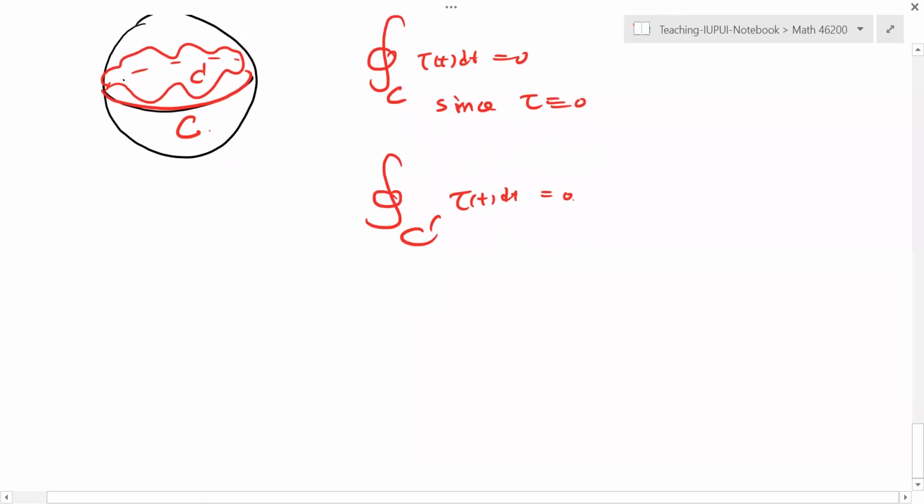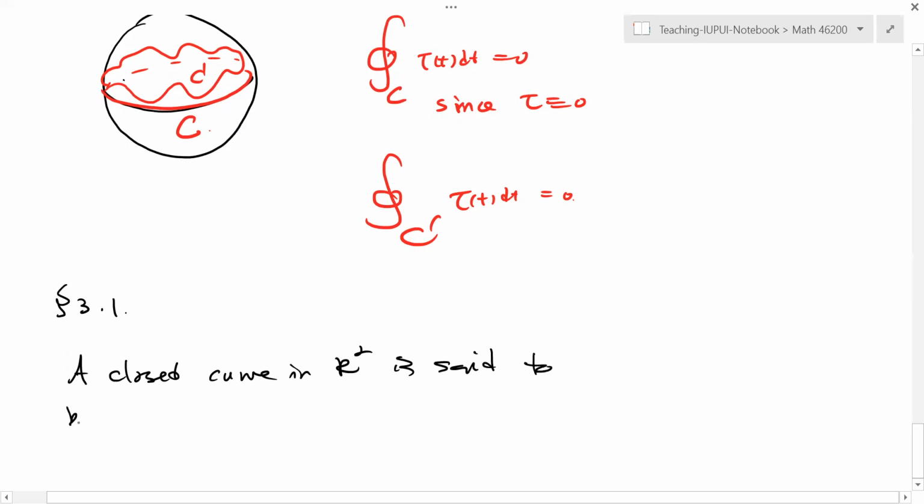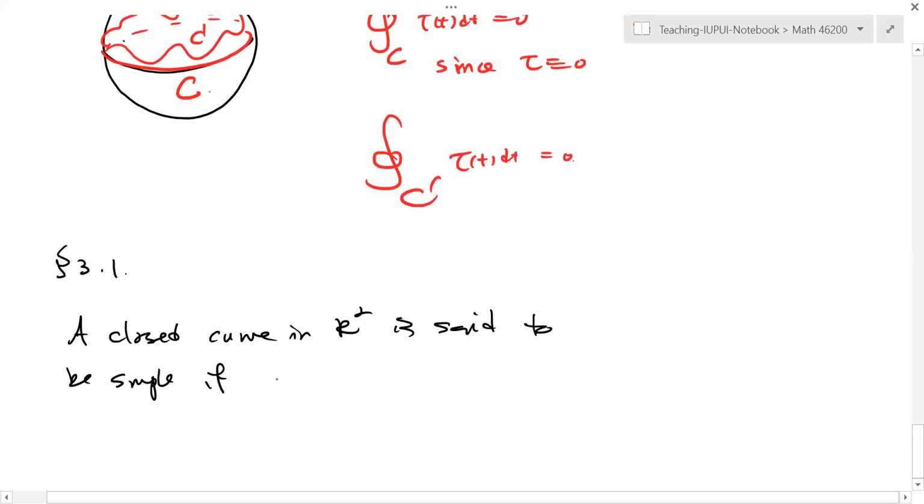Now I'm going to talk about a simple closed curve on the plane. A closed curve is called simple if it does not have a self-intersection. And this is the material in section 3.1. A closed curve in R2 is said to be simple if it has no self-intersection.